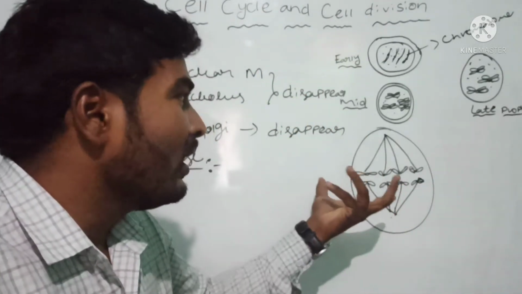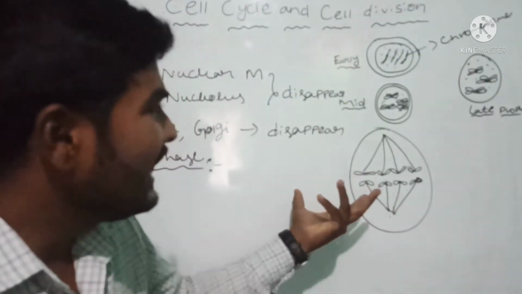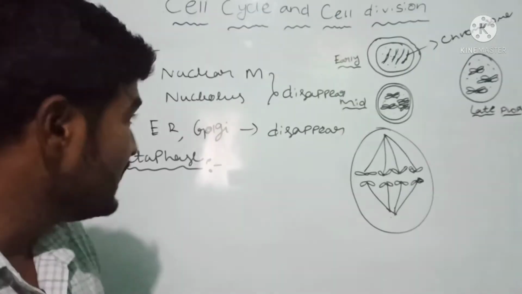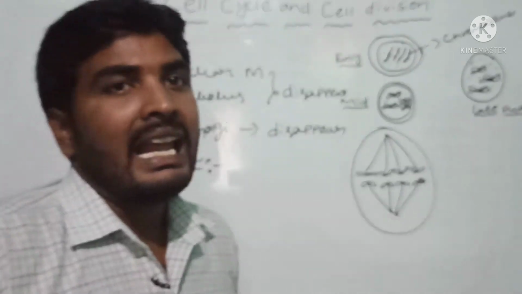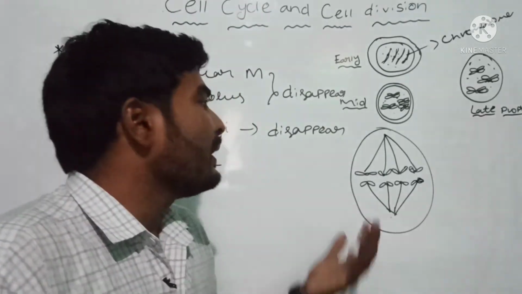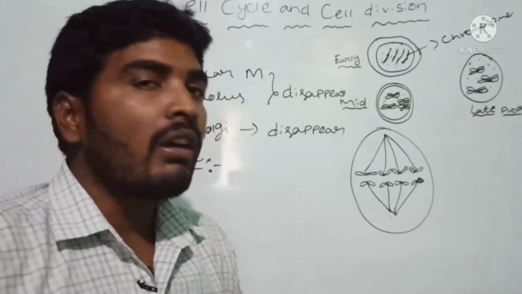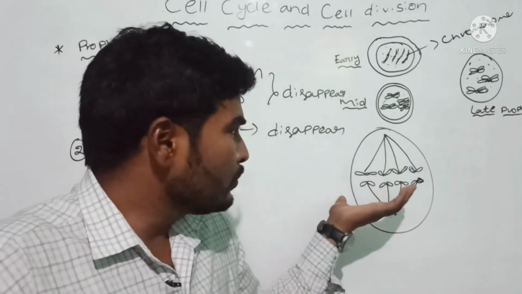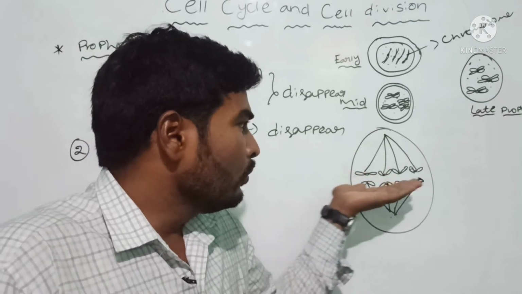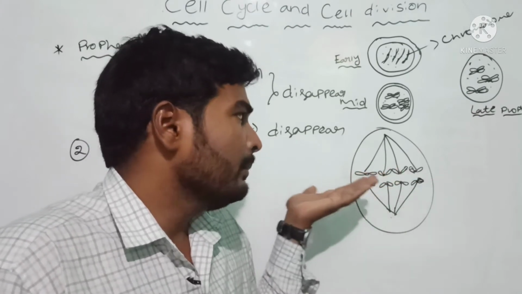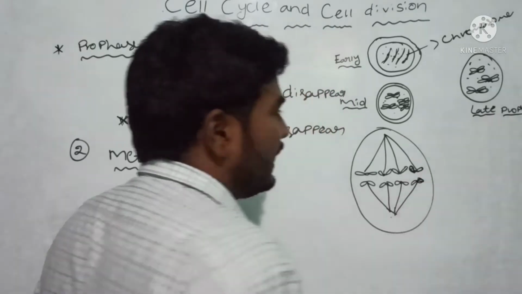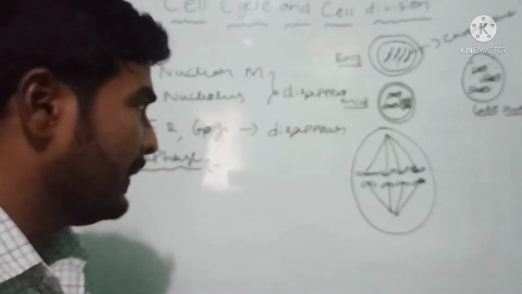Why do we call it the morphology of chromosomes? Here the chromosomes are clearly visible and arranged. In metaphase we call this the equatorial plate or metaphase plate. Why is it called that? Because the chromosomes migrate to the middle plate.